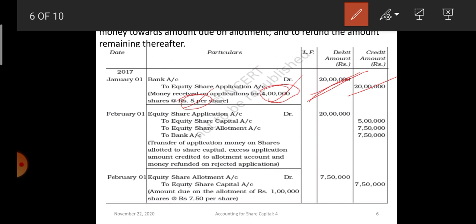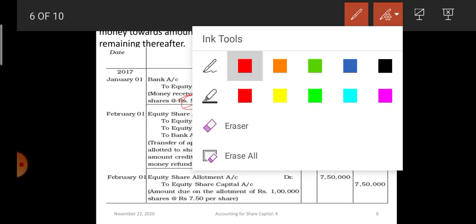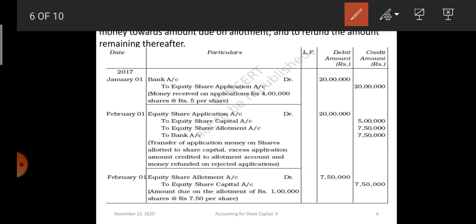Now since all the applicants are allotted shares, whatever excess application money is there will be adjusted towards allotment and the balance amount will be refunded. Now this calculation is important. Equity share application 20 lakh rupees is debited.